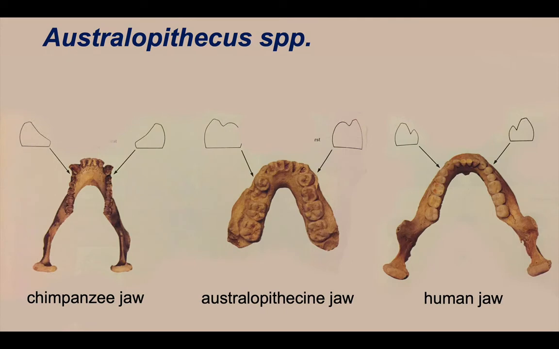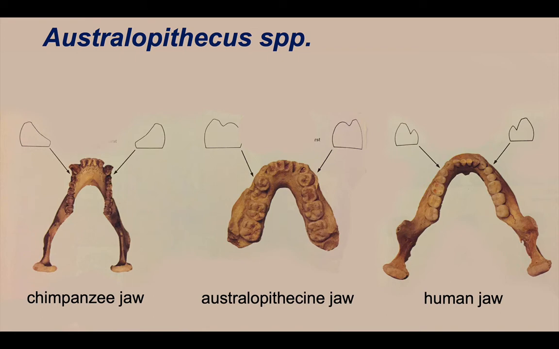If we look at the structure of jaws and teeth, for example, we can see this quite clearly. The chimpanzee jaw there has very simple teeth. Australopithecines, though, have teeth more similar to the human jaw. This is where we start to see this feature appearing.